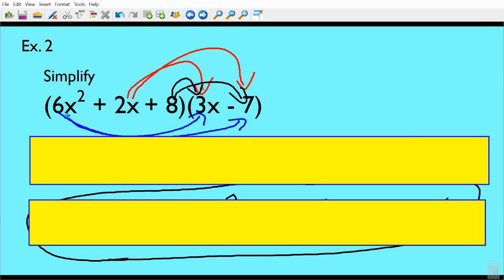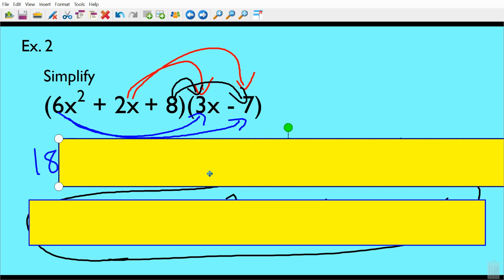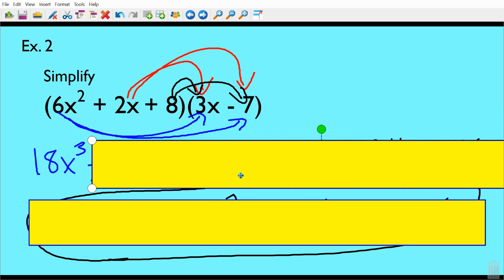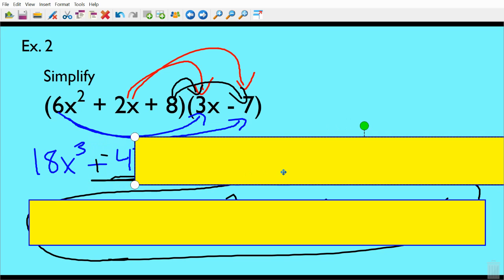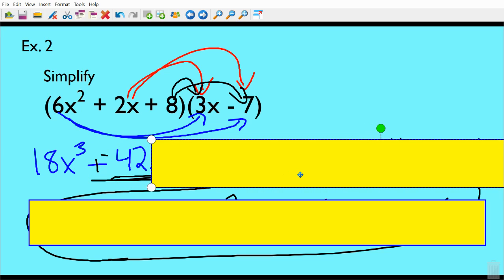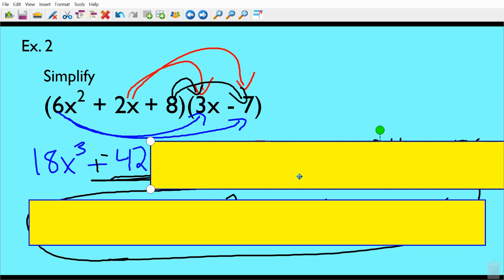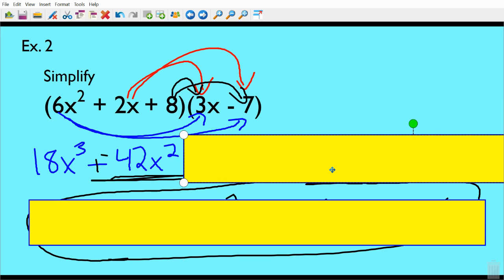So we're going to take the 6x squared, and that's going to go to 2 terms. 2x will go to the same 2 terms, and 8 will go to the same 2 terms. So as you can see, 6x squared times 3x is 18x to the third. 6x squared times the negative 7 is minus 42x squared, or plus negative 42x squared.